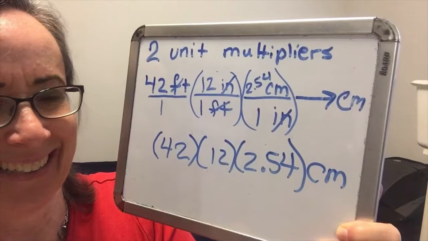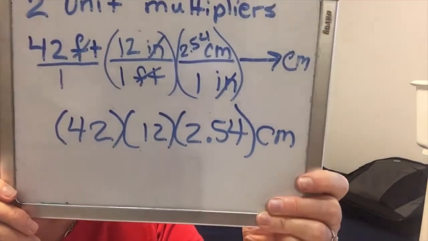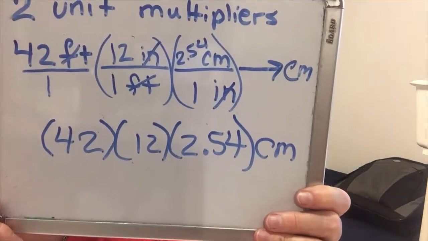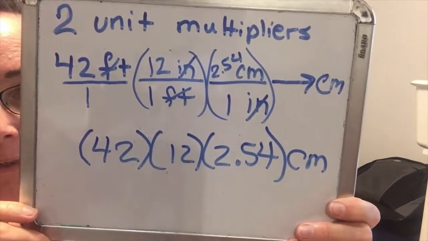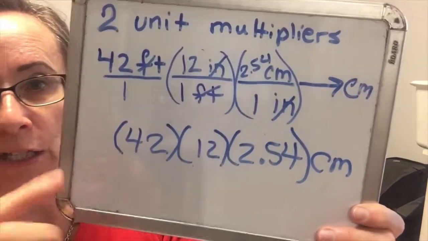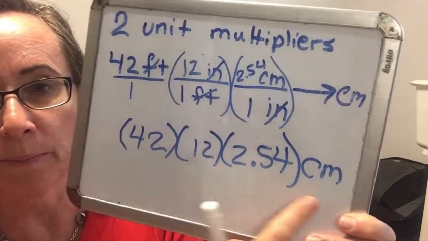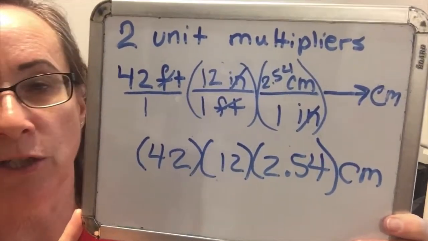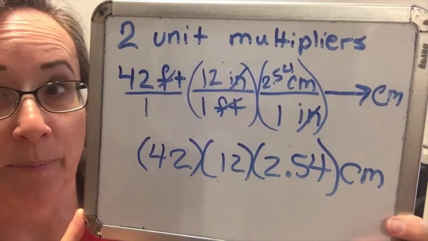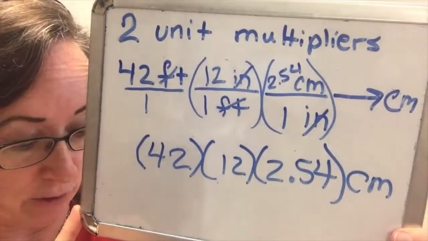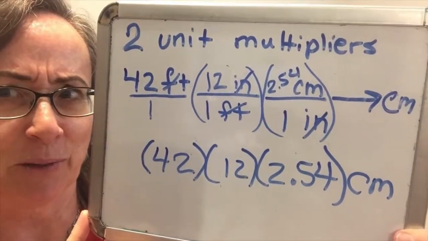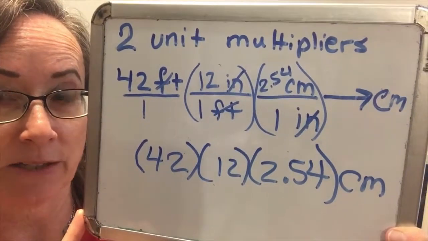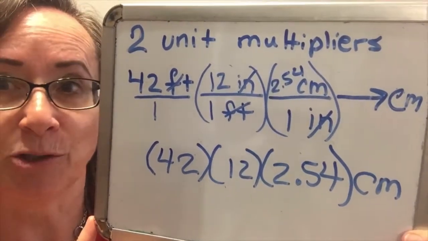Isn't that nice? Okay, so that should be our answer. And if you look at the problem in the book, that's exactly the way they put the answer. So they just put all of the multiples and then they put centimeters on the end. And of course, we could always jump to a calculator and calculate it out, but the Saxon book leaves your answer just like that so you don't have to worry about the numerical answer. We're just looking for how to do it.